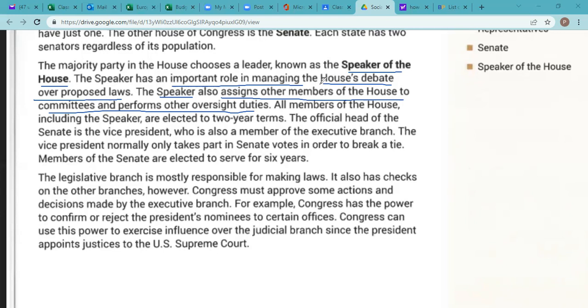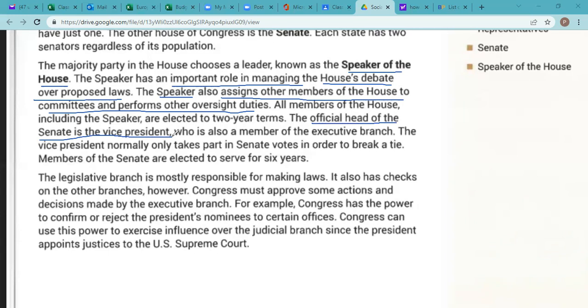Okay. It also says here, the official head of the Senate is the Vice President of the United States. Now, you might say, well, how does that work? Doesn't the President and the Vice President belong to the executive branch? Well, that's true.